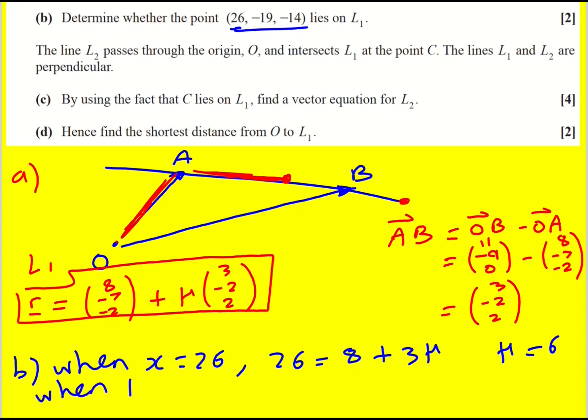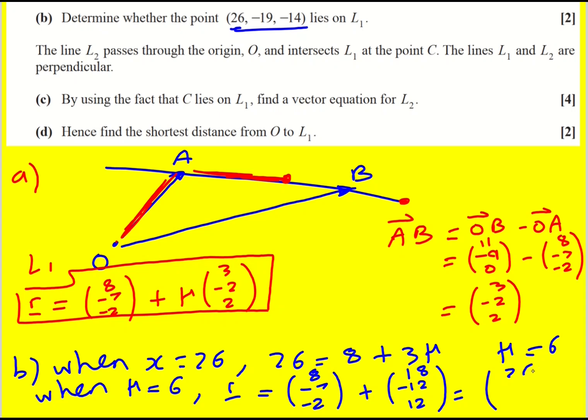And then when mu is equal to 6, r is going to equal 8 minus 7 minus 2 plus 18 minus 12, 12, which gives 26 minus 19 and 10.